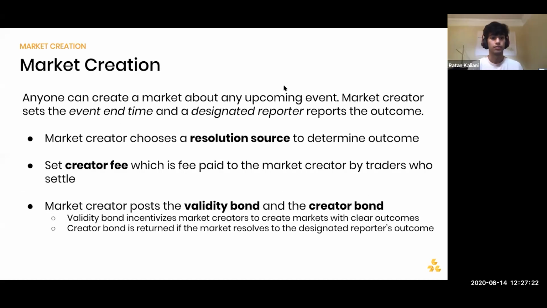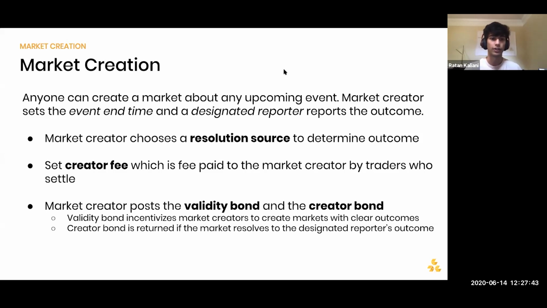Whenever market creators create a market, they set the event end time as well as a designated reporter to report the outcome. Market creators also set a resolution source. So say that I was betting on what the weather is going to be tomorrow. Like I said, oh, it's going to be hotter than 75 degrees tomorrow.